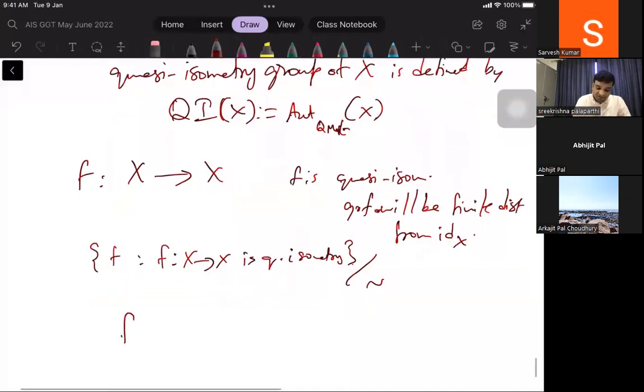F is equivalent to G if F and G are at a finite distance from each other.